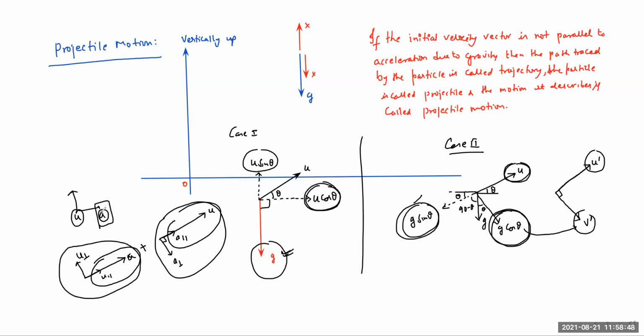Correct. So it is like I am showing you two different choices that you can actually make. To solve questions, sometimes we resolve velocity along and perpendicular to acceleration. That's the first scenario. The second scenario is don't disturb u and rather resolve acceleration parallel and perpendicular to u. And both the methods have their own benefits.